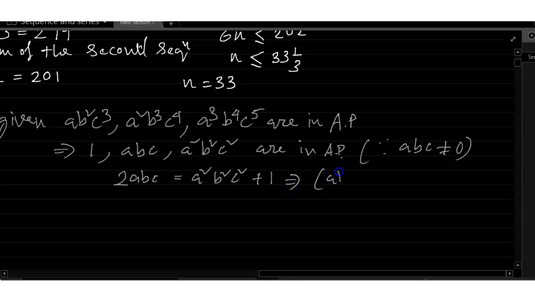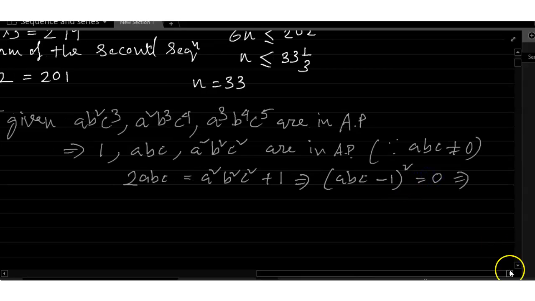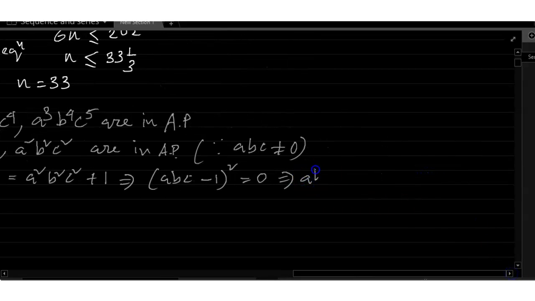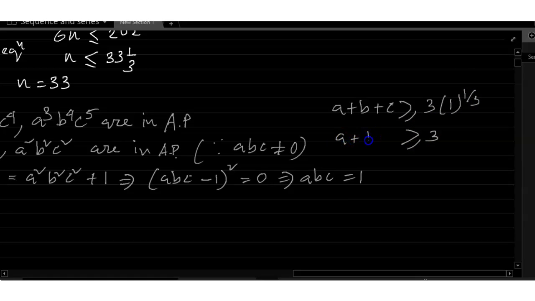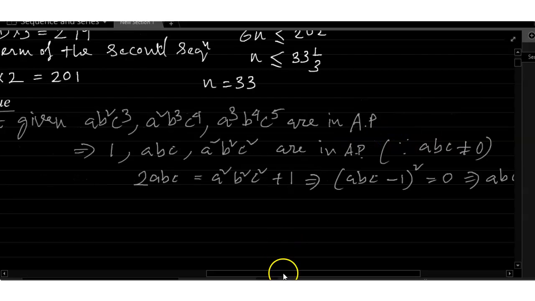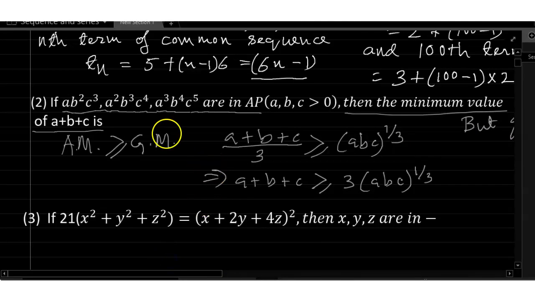So that is (abc minus 1) whole square equals 0. That implies abc equals 1. So a plus b plus c is greater than or equal to 3 (abc) to the power 1/3, which is 3. So a plus b plus c equals 3 when a equals b equals c.